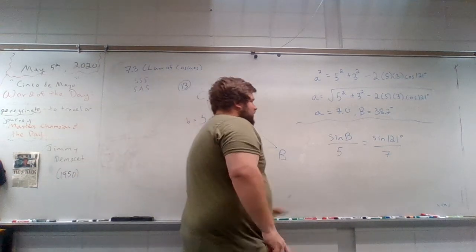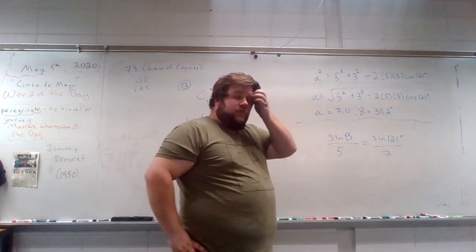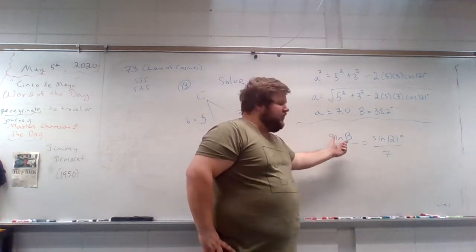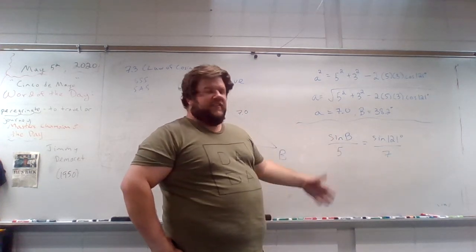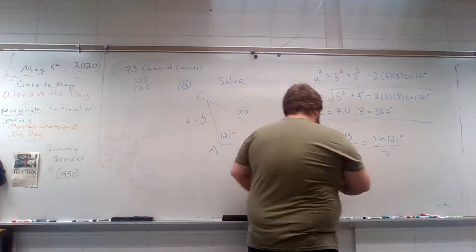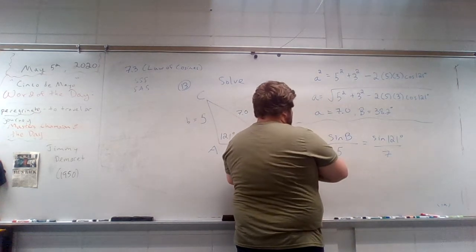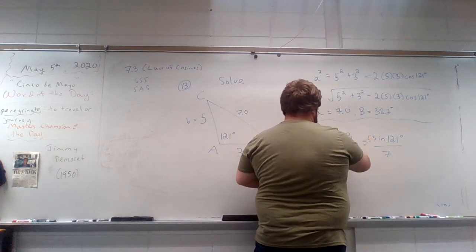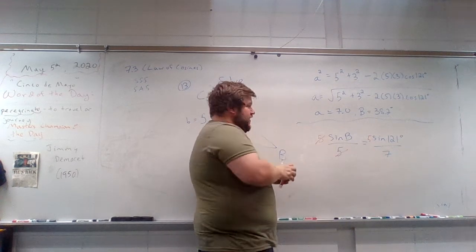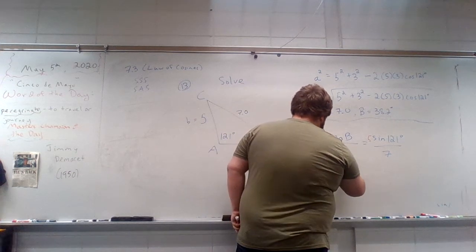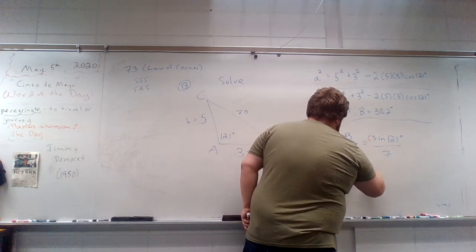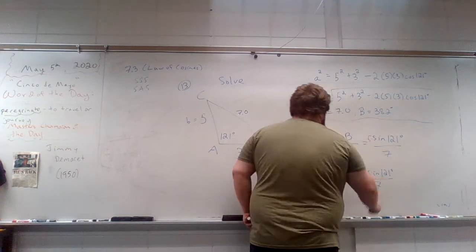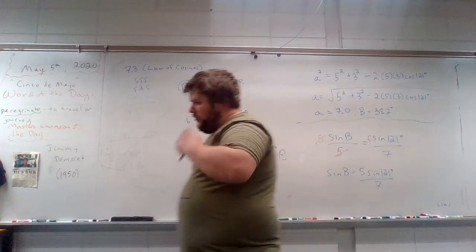And I would then want to go through and find B. So what I would have to do is isolate the sine of B and then take the sine inverse of that. So what I'd want to do is multiply by 5. This 5 here is going to cancel. So I get sine of B is 5 times the sine of 121 over 7. And that's going to be some number.